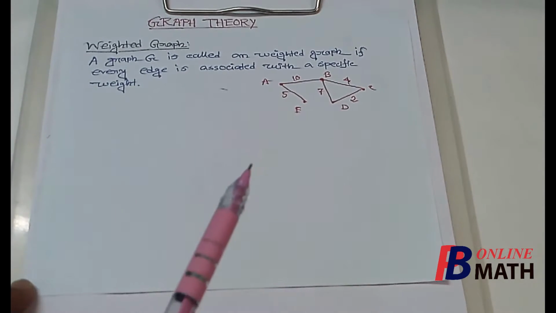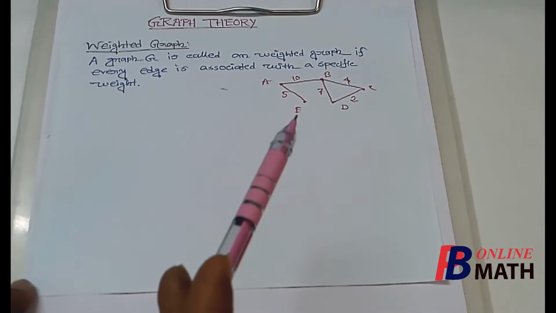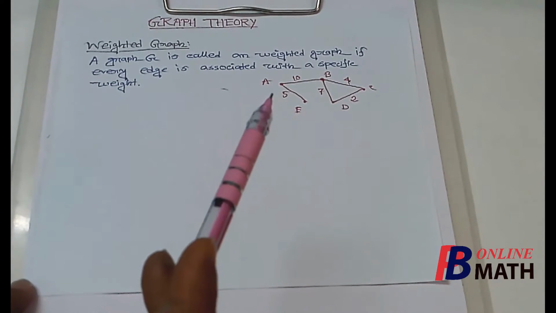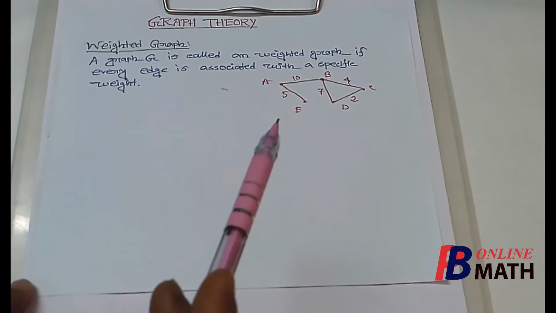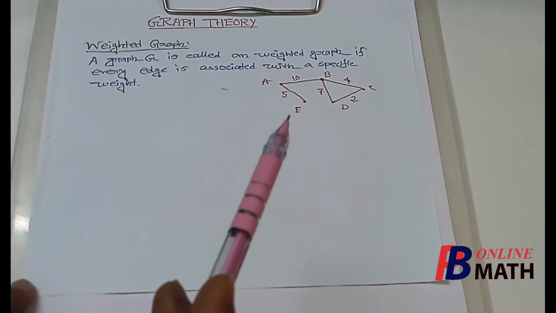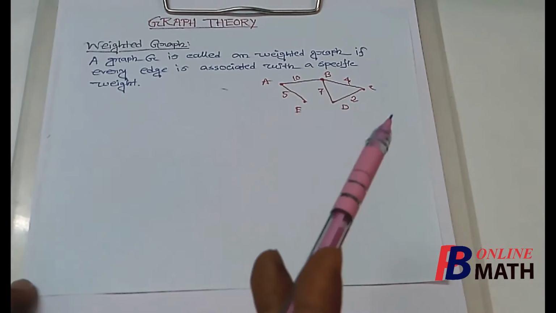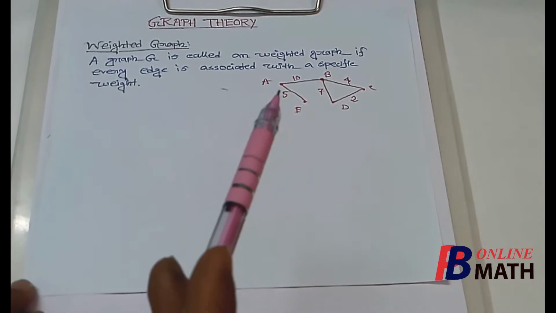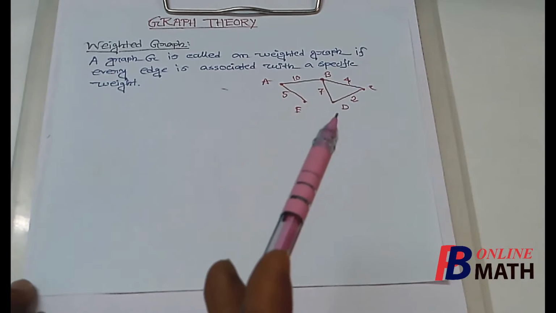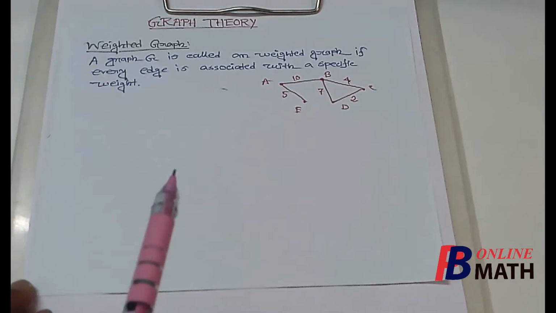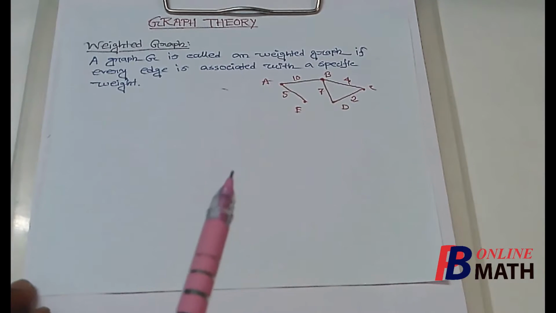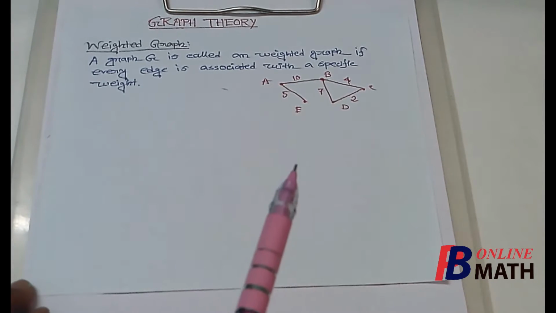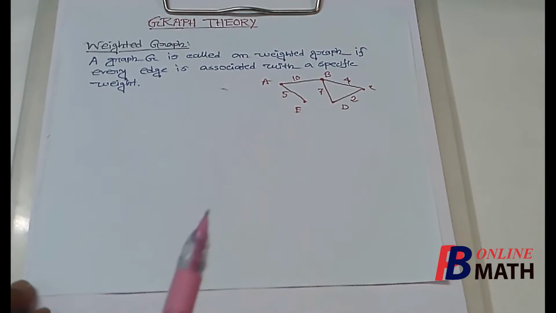For example, if we want to find the shortest distance between two vertices, suppose A and C, then if we look carefully, we shall find that there are two paths from A to C. The first path is from A to B to C, and the second path is from A to B to D, and then from D to C. Out of these two paths, we need to find the path which has the minimum length. That means the sum of the weights of the edges on that path is minimum.